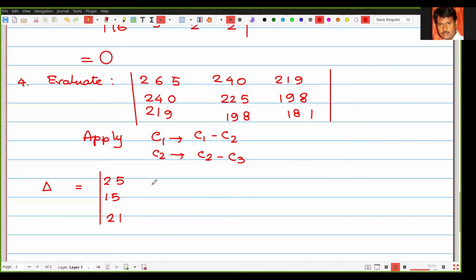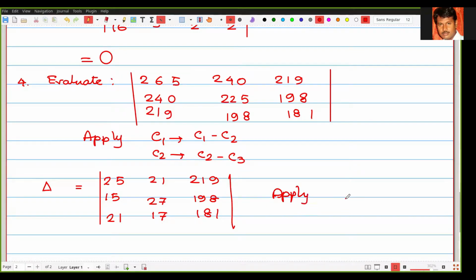For column 2, 240 minus 219, that is 21; 225 minus 198, that is 27; and 198 minus 181, that is 17. The third column remains the same after the operation.